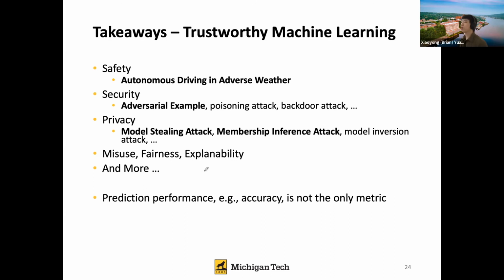So when we consider deploying machine learning applications, maybe we should not only consider prediction performance like accuracy as the only metric. We may consider many other important aspects.